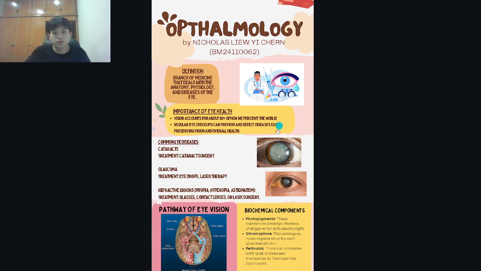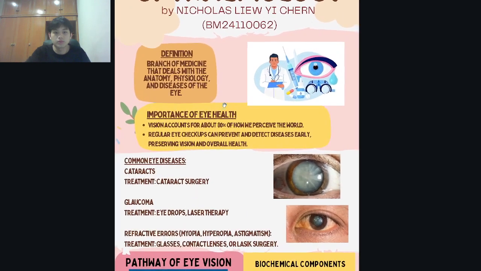So, what is ophthalmology? Ophthalmology is the branch of medicine that deals with the anatomy, physiology, and diseases of the eye. Basically, it's everything about the eyes. So, what is the importance of eye health? The first one, eye health helps us to perceive vision and see things.